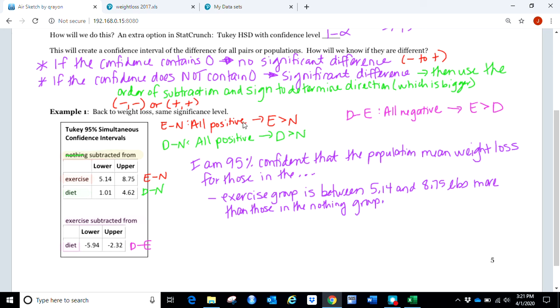So again, since it was all positive, we knew you lost more weight by exercising than by doing nothing, and then the numbers tell us how much more weight we lost by the one than the other.